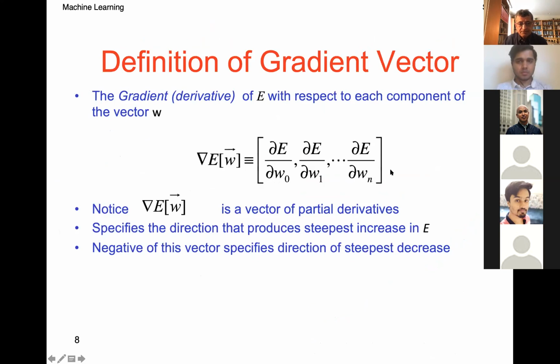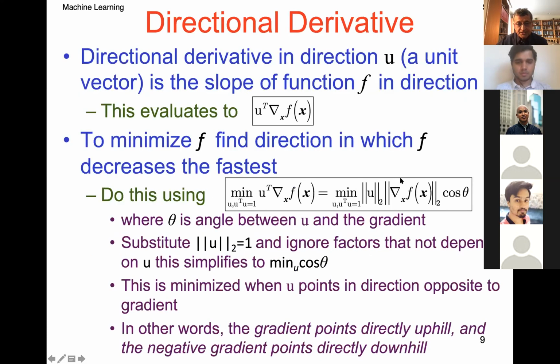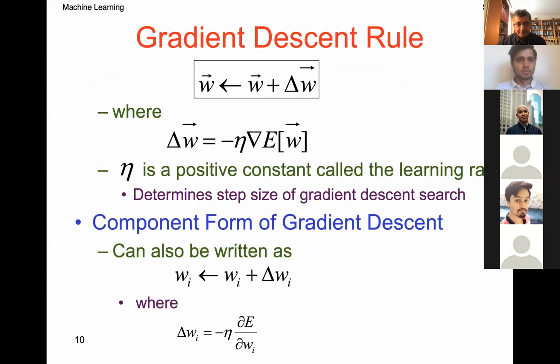That's what is meant whenever we use del E of W: a vector consisting of all the partial derivatives. The directional derivative is where direction comes into play, because after all, we're proceeding in some direction, asking which direction is going to minimize this. I leave it for you to look at that kind of detail.